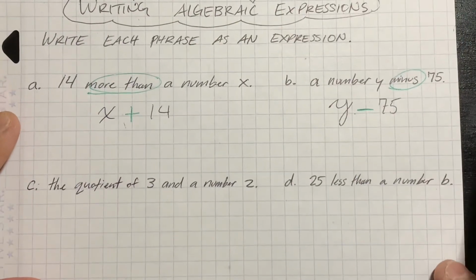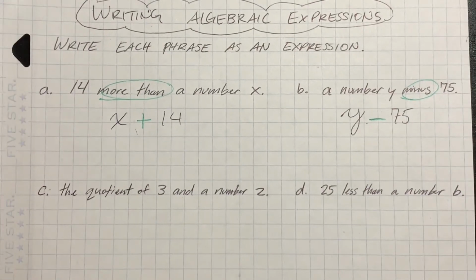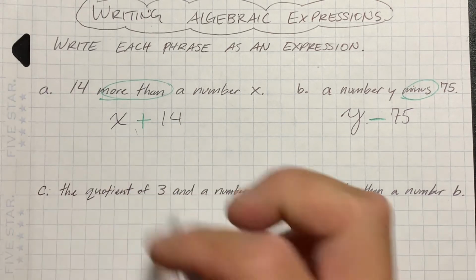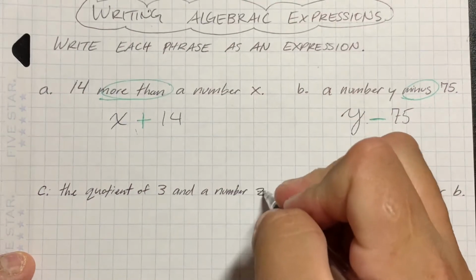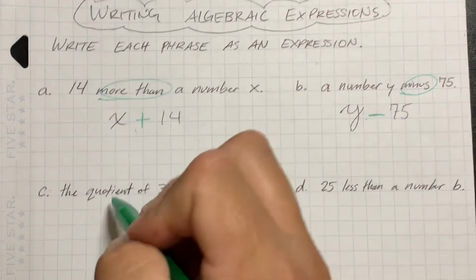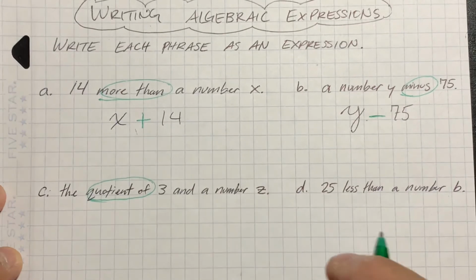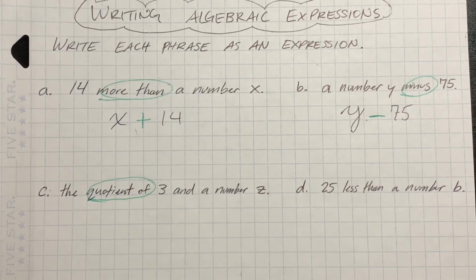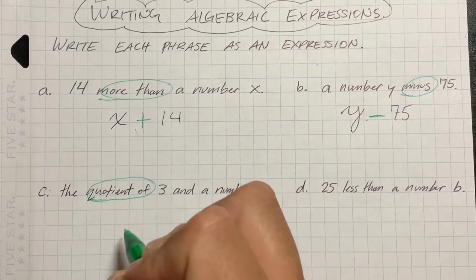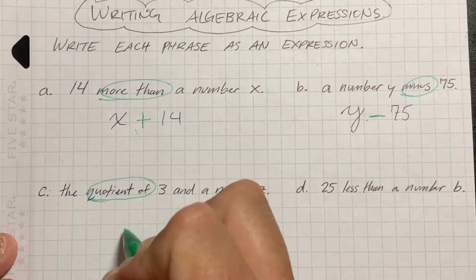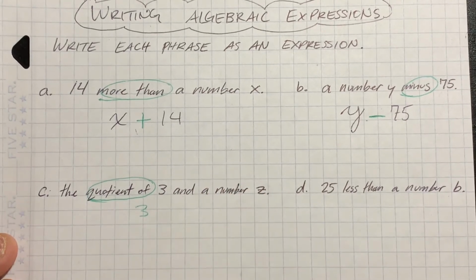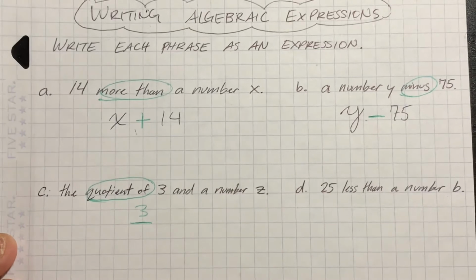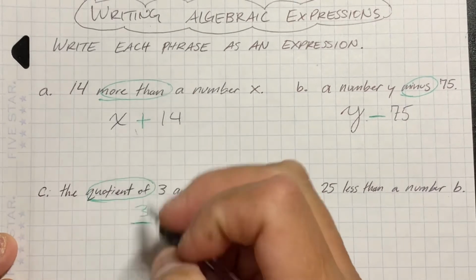All right, for C, we're going to write the quotient of 3 and a number Z. The phrase quotient of tells us to divide. So the quotient of 3 and a number Z.